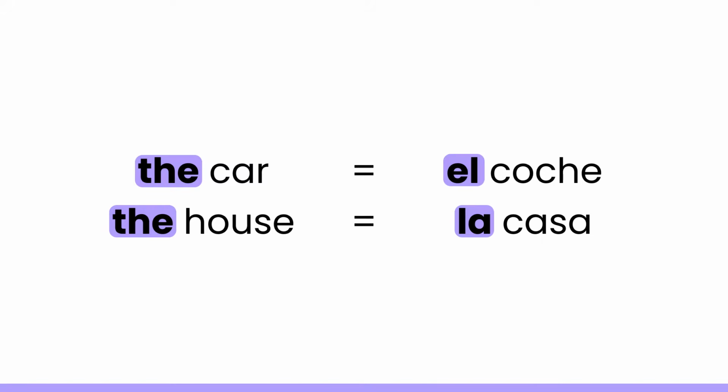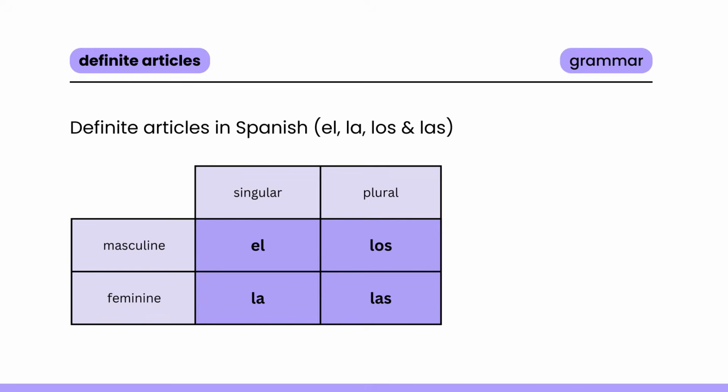Alright, so first let's have a little bit of a refresher of the definite articles in Spanish. If you can remember, in English there is just one way of saying the, so the car or the house. However, in Spanish we learned that there's two ways of referring to a noun, which is el for masculine nouns and la for feminine nouns. Those are the definite articles in Spanish.